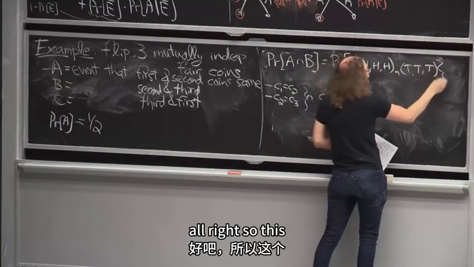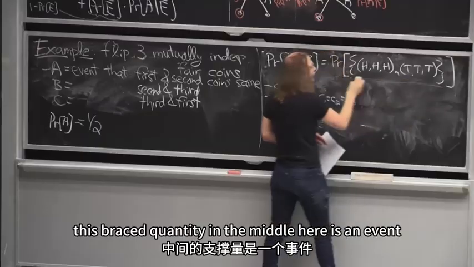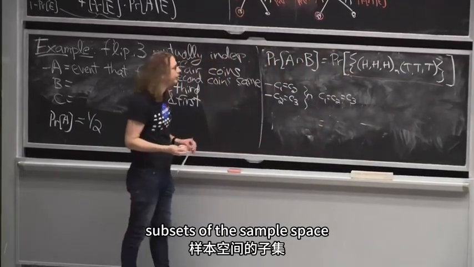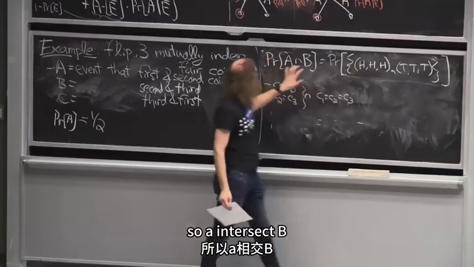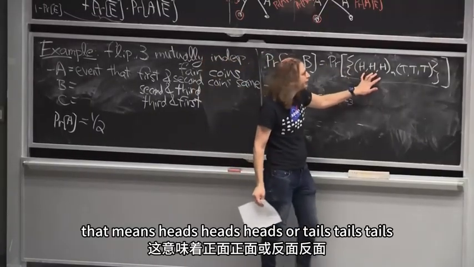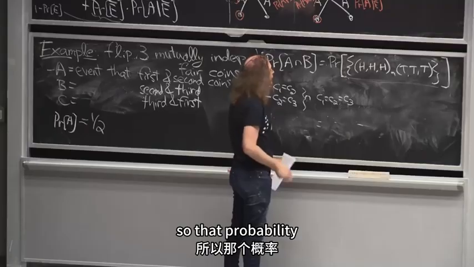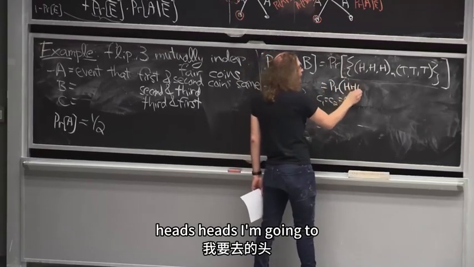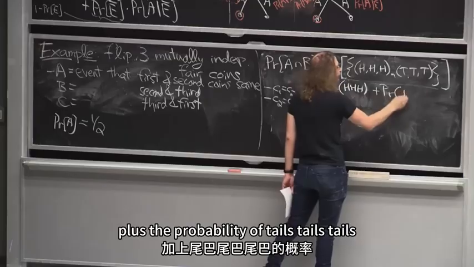All right, so this braced quantity in the middle here is an event. Remember, events are just subsets of the sample space, so it's a set of possible samples. So A intersect B is the same thing as all the coins being the same. That means heads, heads, heads, or tails, tails, tails. So we can rewrite this as the probability of heads, heads, heads plus the probability of tails, tails, tails.